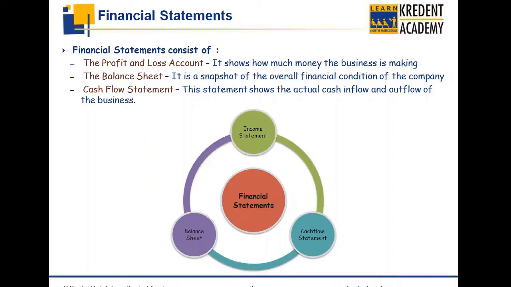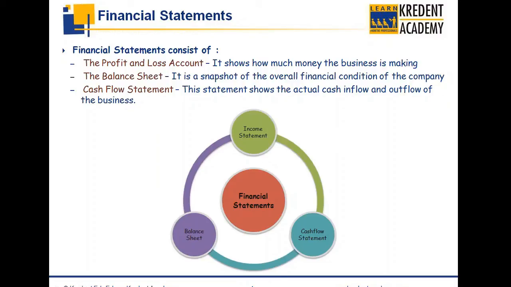So the major financial statements for every company are the profit and loss account. The profit and loss account shows how much money the business is making. Please remember, the profit and loss account is the result of the activity during a particular period.